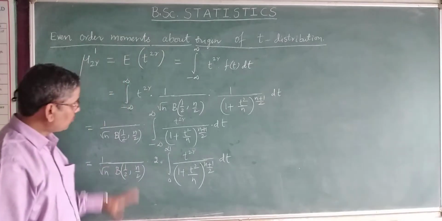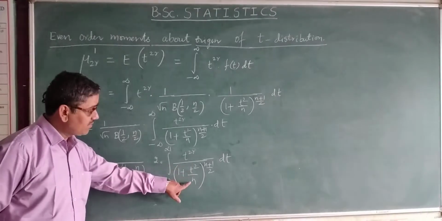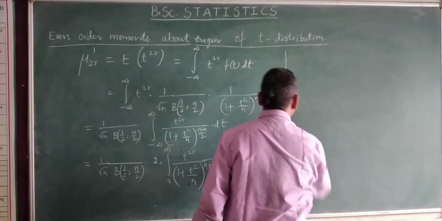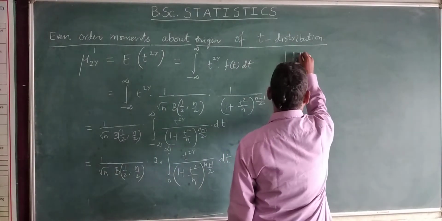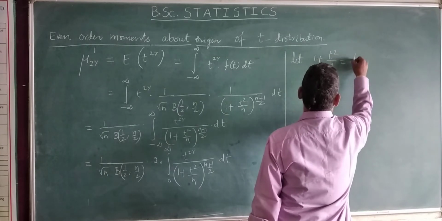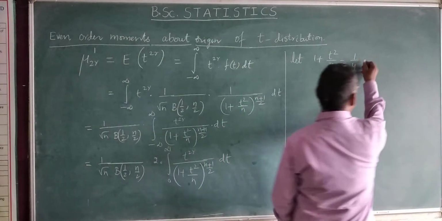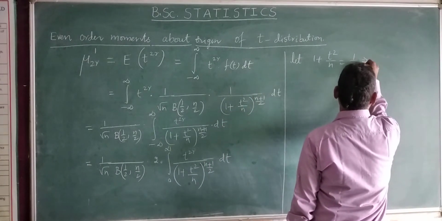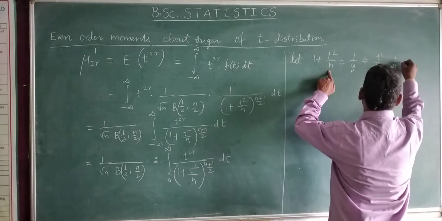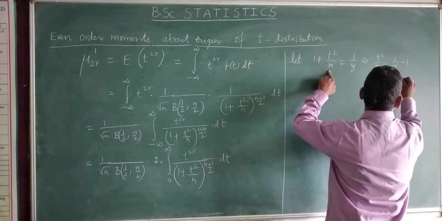Right? So to resolve this integration, I consider 1 plus t square by n equal to 1 by y. Let 1 plus t square by n be equal to 1 by y, from which I calculate t square by n equal to 1 by y minus 1, which is 1 minus y by y.